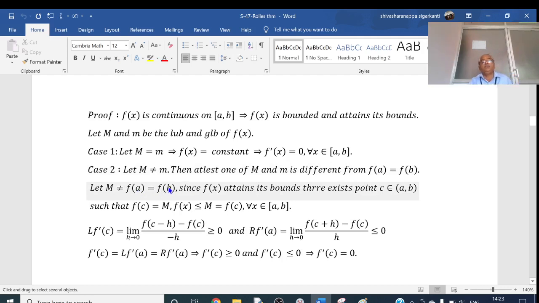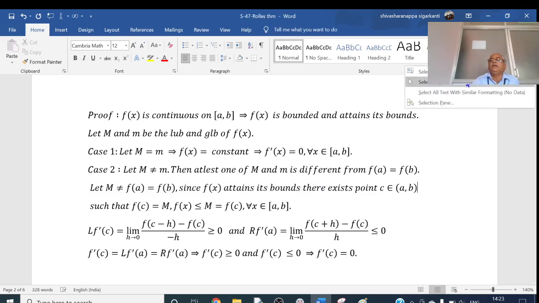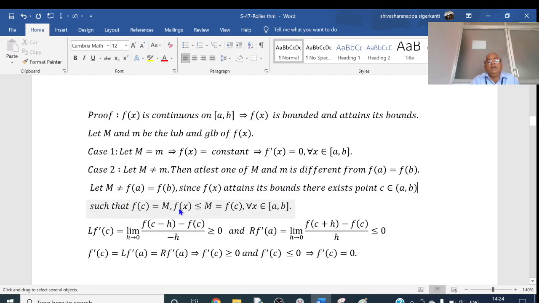This is the given condition. Now, since f of x attains its bounds, there exists at least one point, say c, such that f of c is equal to capital M. Function attains its bounds means there exists at least one point such that f of that point is equal to capital M. So yes, such that f of c is equal to capital M. Now, f of x is less than or equal to M because M is the upper bound here.